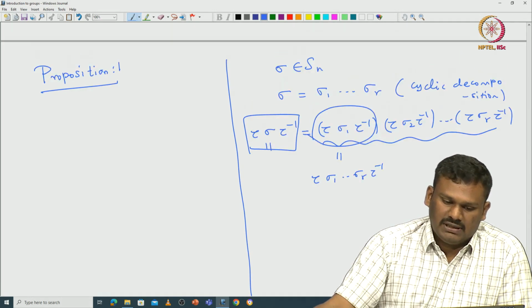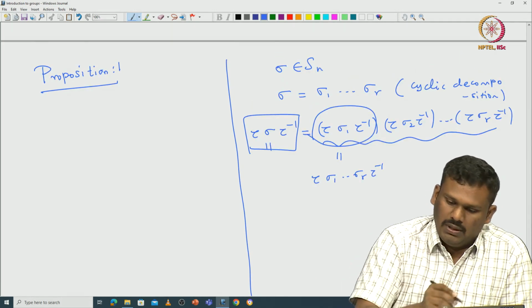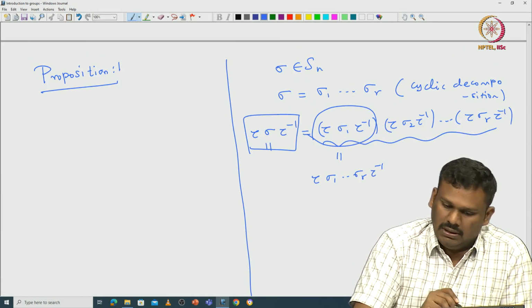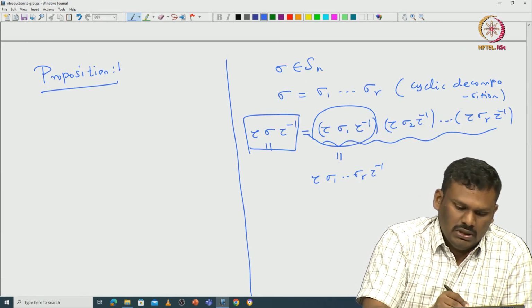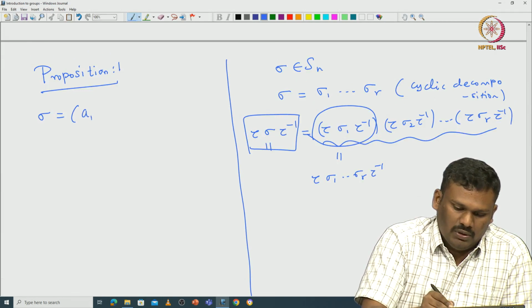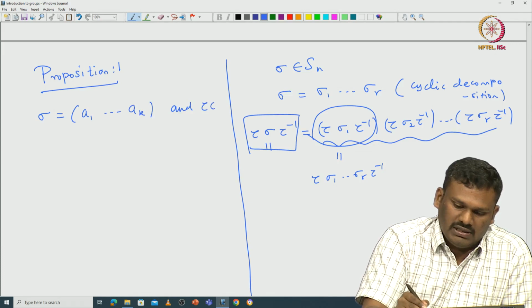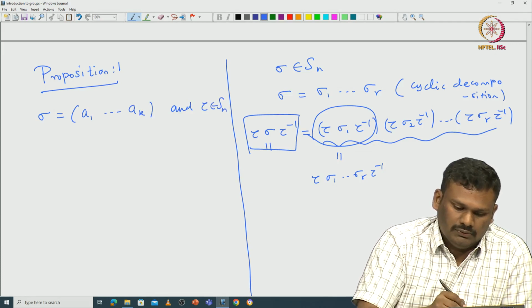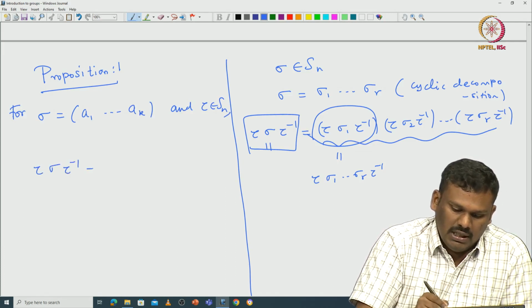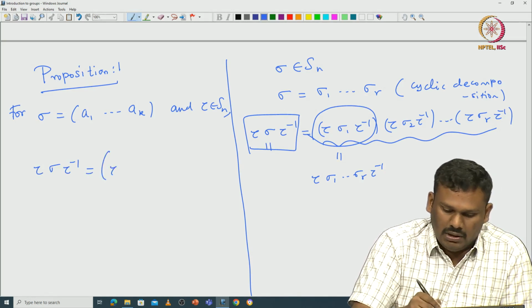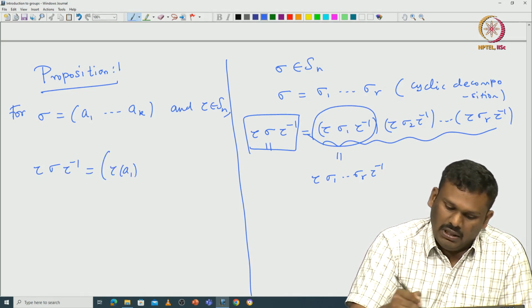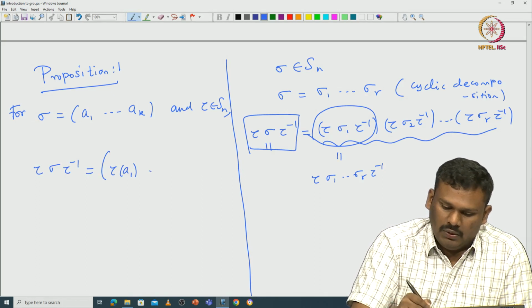So we start with some cycle and see what the conjugate of that cycle looks like. Take sigma, which is (A1 etc. Ak), and tau inside S n. Now we can easily see that if you compute tau sigma tau inverse, it looks like another k-cycle, given by (tau of A1 etc. tau of Ak).